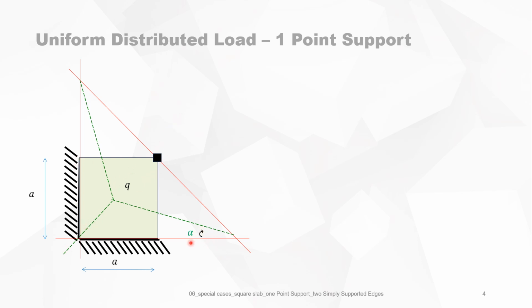So alpha is not known because there's no symmetry around this axis. We know that this is the same as this because of the symmetry. And this is the angle beta. Because this is 90 degrees and this beta is equal to this, we know beta is 45 degrees because of the symmetry.